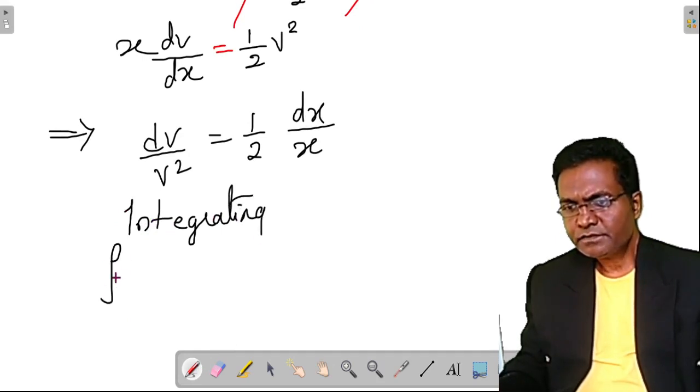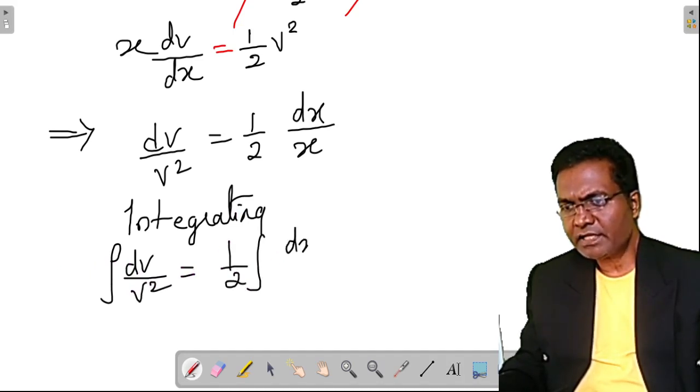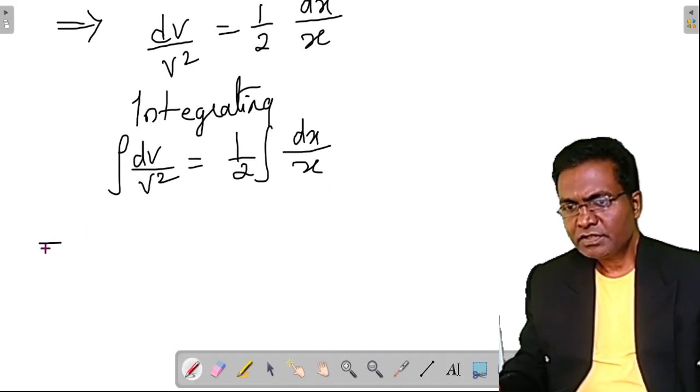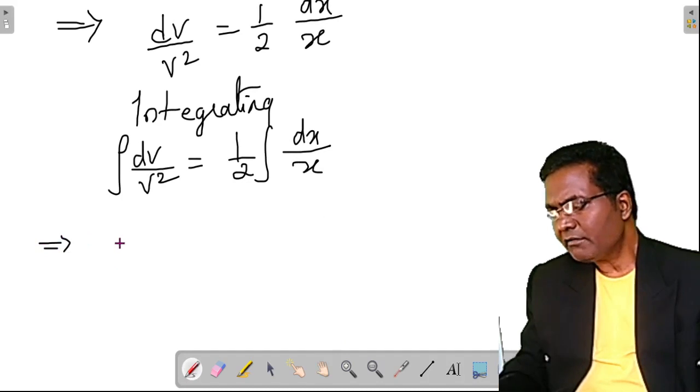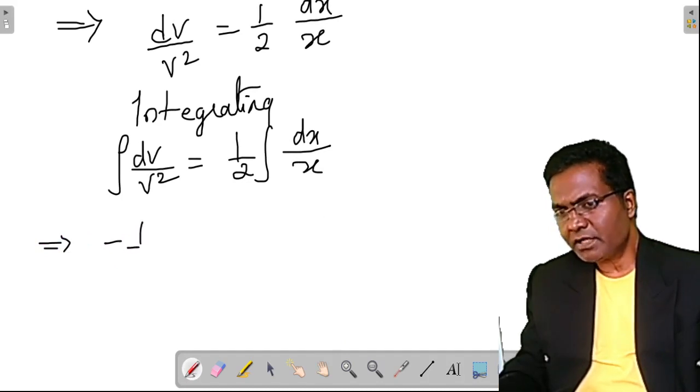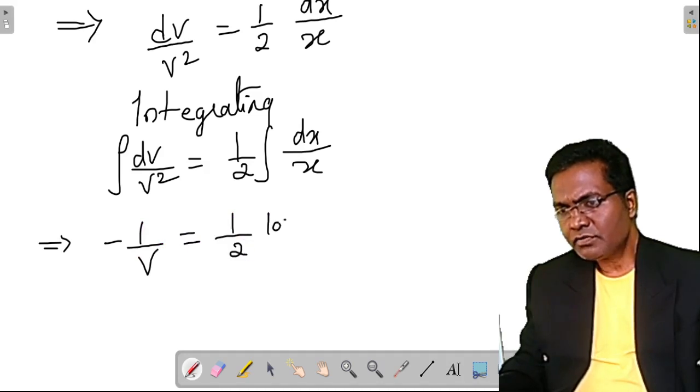Integrating, so integral of dv by v square is equal to 1 by 2 integral of dx by x. Integration of 1 by v square is minus 1 by v. It's 1 by 2 log x plus c.